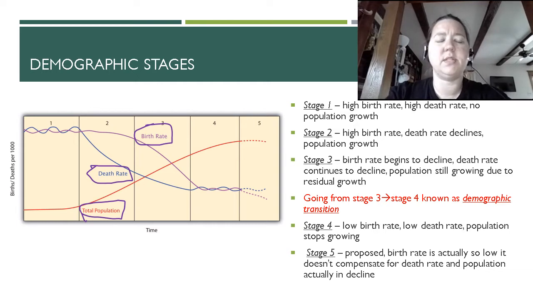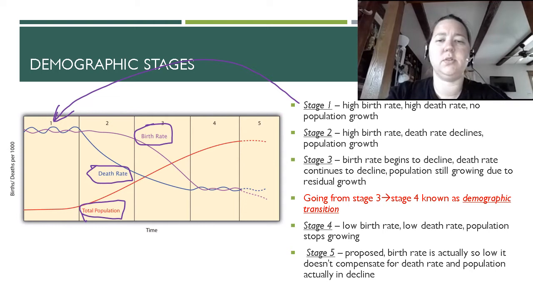So stage 1 is right here. We've got high birth, high death, so there's very little population growth. It's basically one-to-one. Population stays about the same size, and it stays relatively low. Then we get to stage 2.